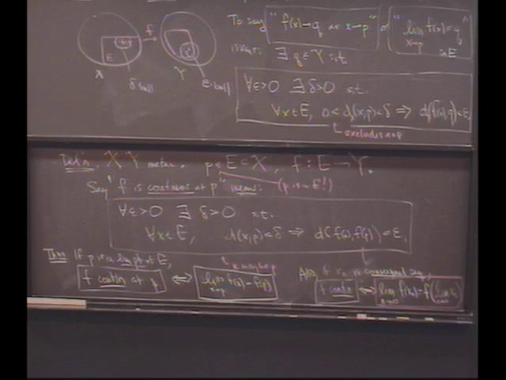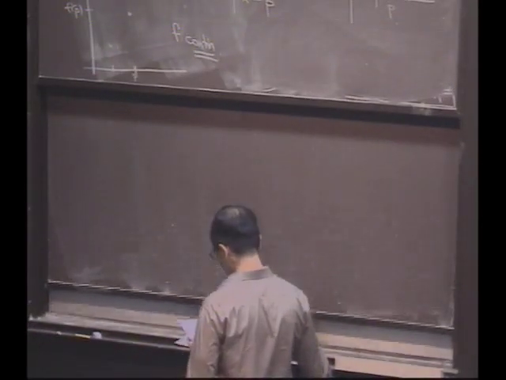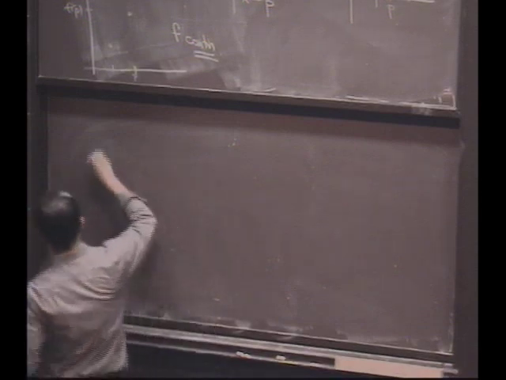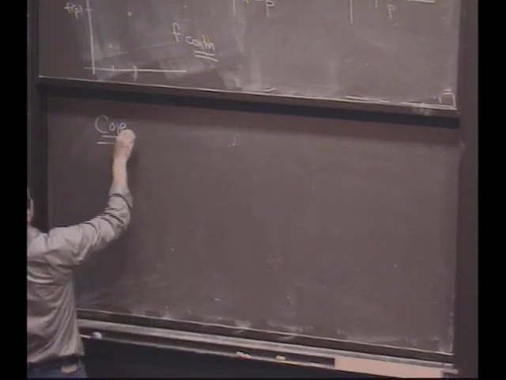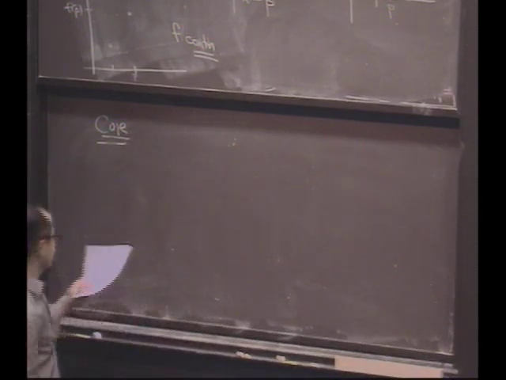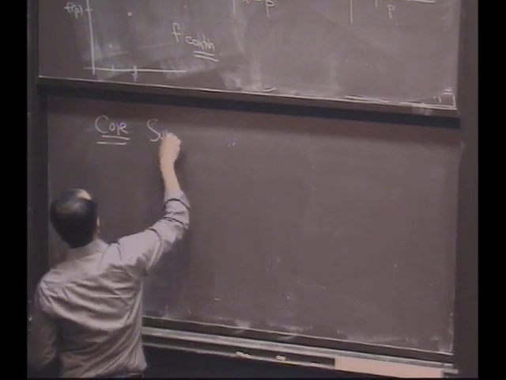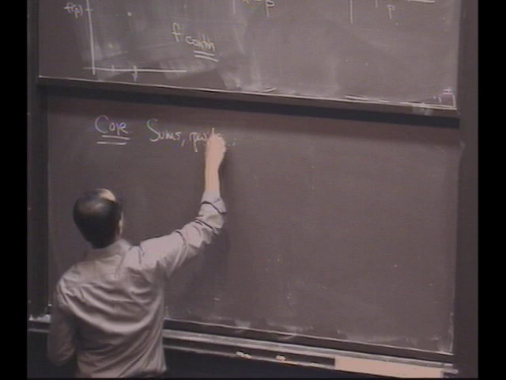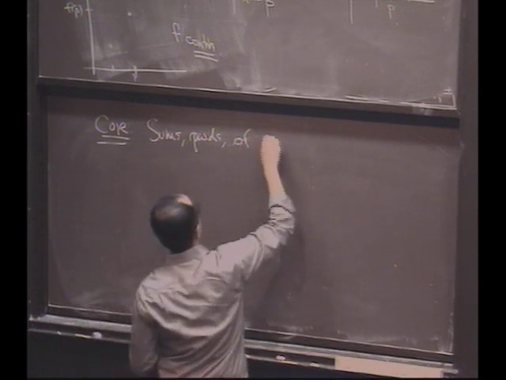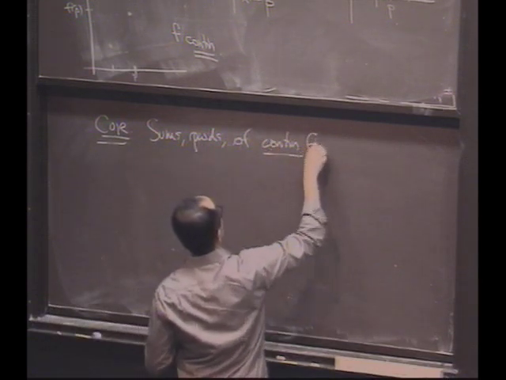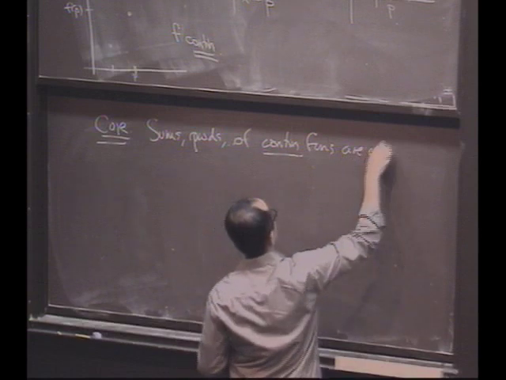Okay, well, what does this mean? Well, like before, sums and products and quotients of functions are all continuous. It follows from the theorems about limits. So sums, products of continuous functions are continuous.